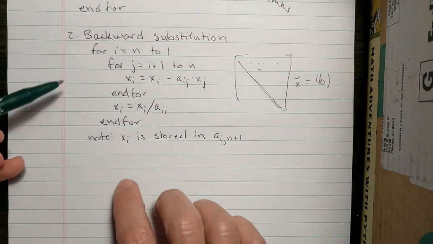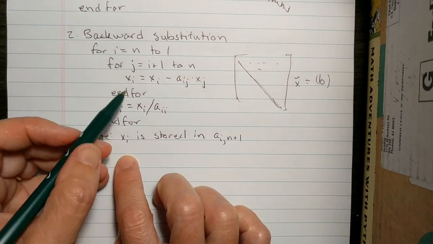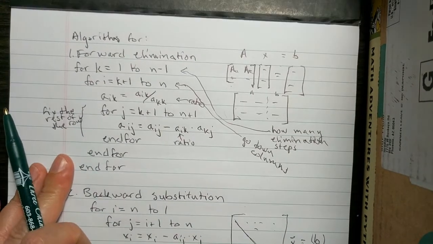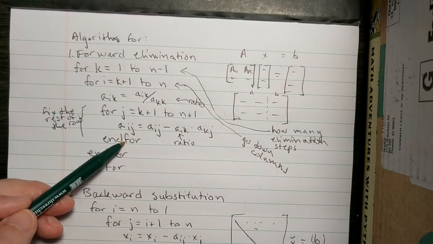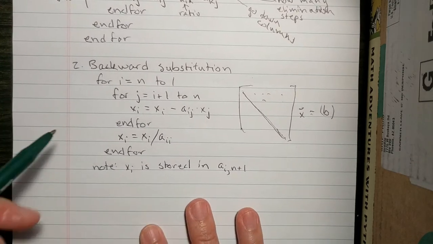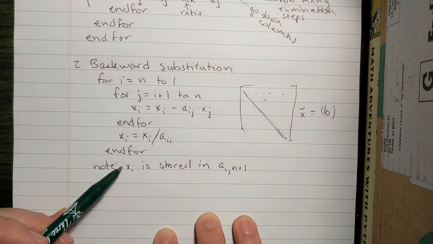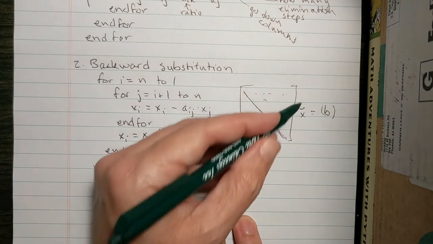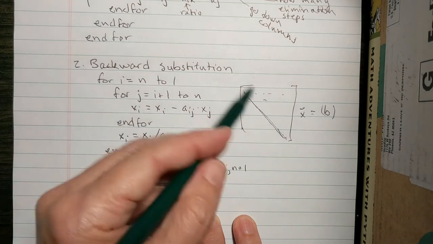So basically, this x guy comes in being your b vector, and the b vector has already been all modified because it's been part of here. And then when you do your math down here, you wind up just overriding that old b vector with your new x vector. So it's actually like right in here, okay? And you're kind of going through the loops.